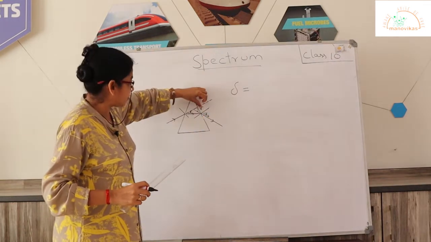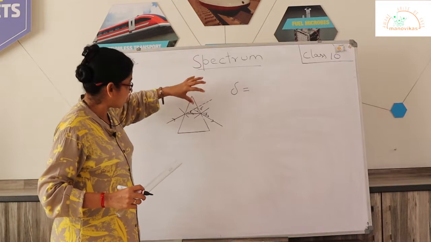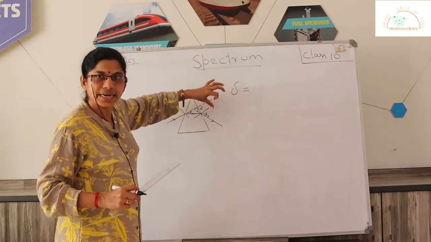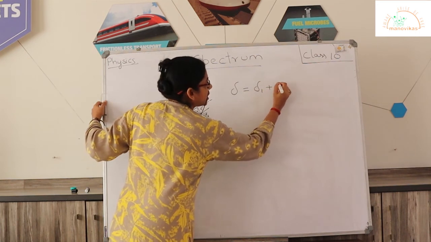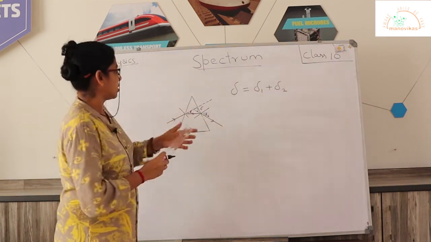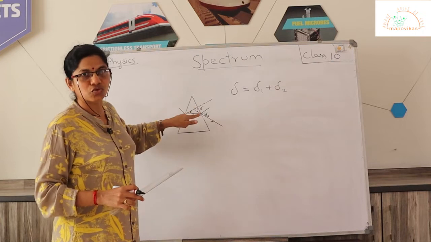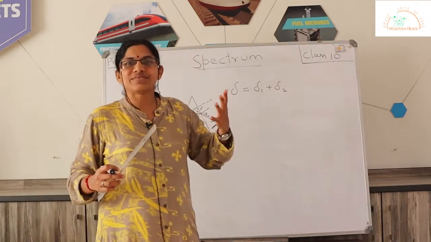So delta 1 plus delta 2 is the total deviation produced. Now what is this deviation?